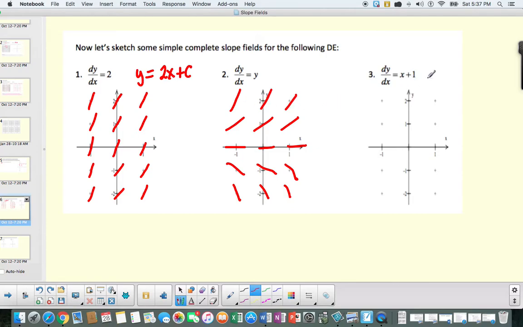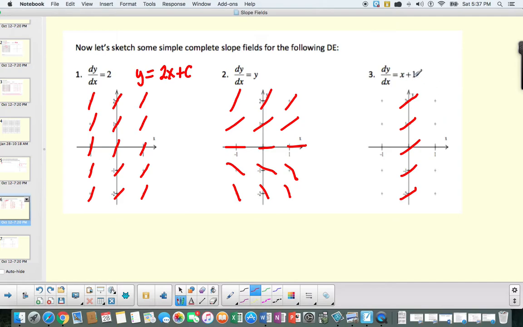Now let's take a look at this. When the slope only depends on x, the slopes in each column will all be the same. So all of these points have x equal to 0, and it'll have a slope of 1, which is about a 45-degree angle. Notice that the columns are all the same now. All of these points have something in common: the x value is 1.